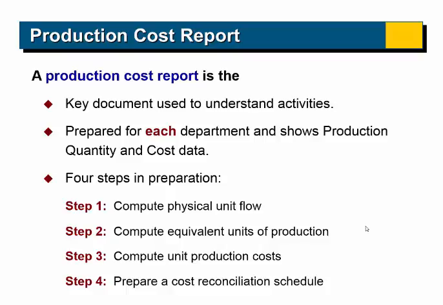And then we would utilize the information that was given to us in the data set to calculate our production cost. Under the weighted average method, it's pretty simple, but if we were looking at the FIFO method, it's a little more complicated.